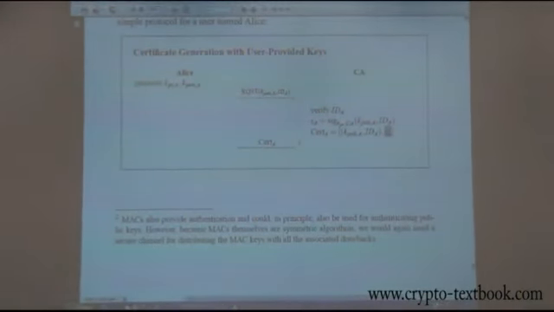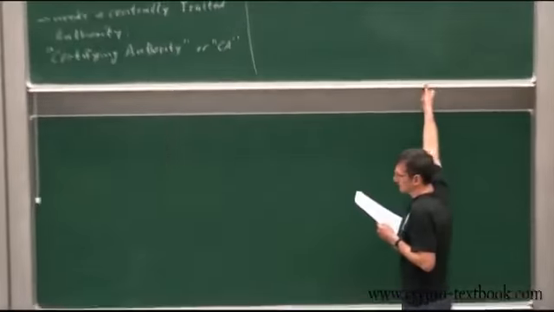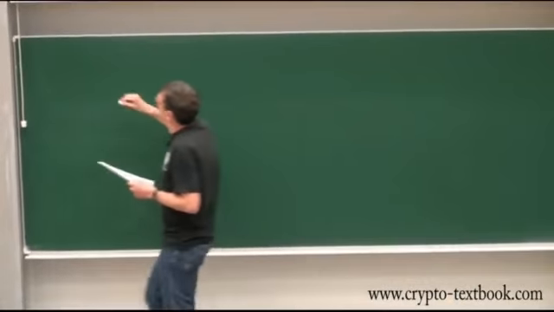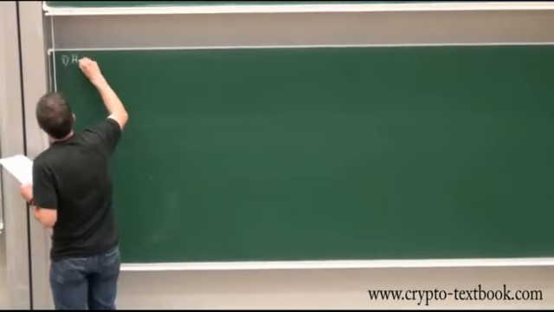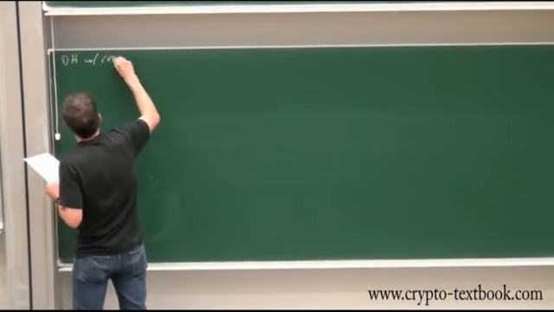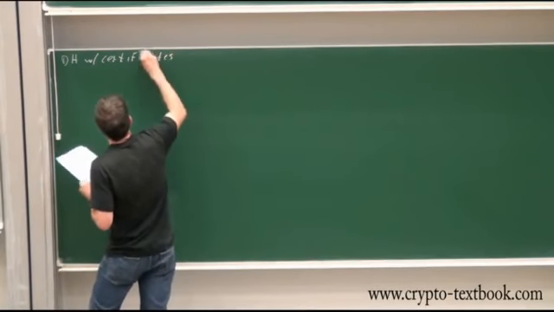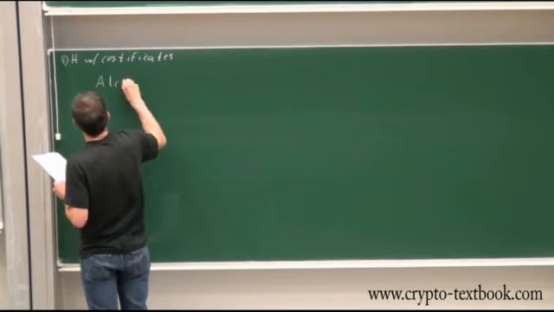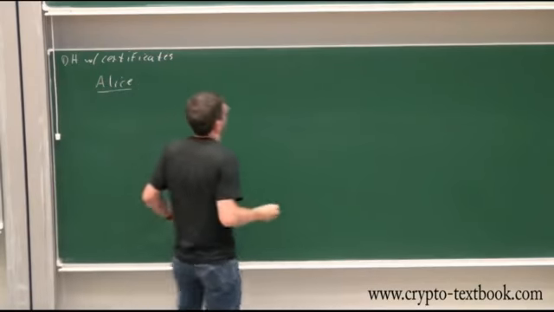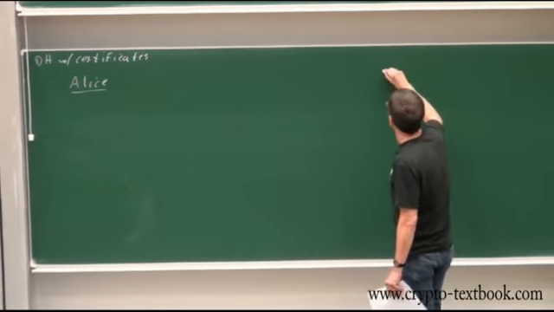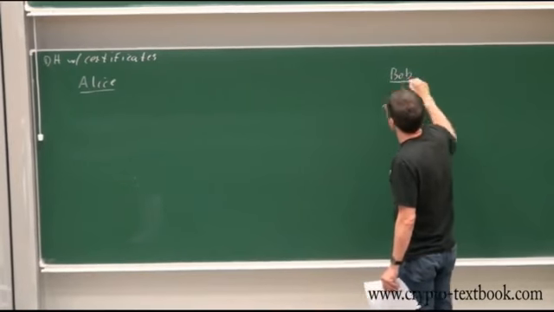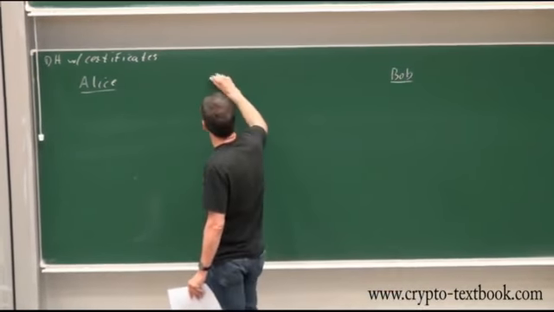If we do that, what can we do from now on? Now let's look at Diffie-Hellman with certificates. We have Alice, we have Bob, and we have Oscar.